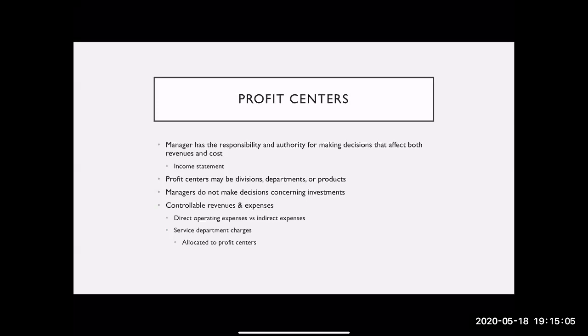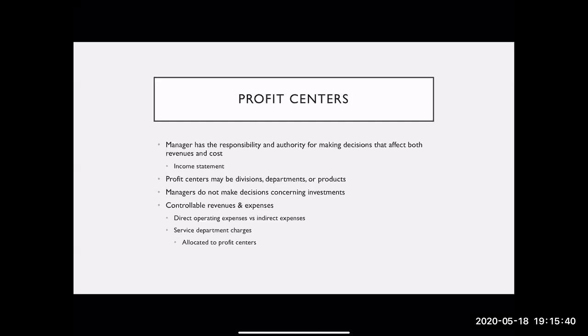Managers do not make decisions concerning investment, which means once they generate profit, that profit is turned over to the larger organization to decide how to invest that money.